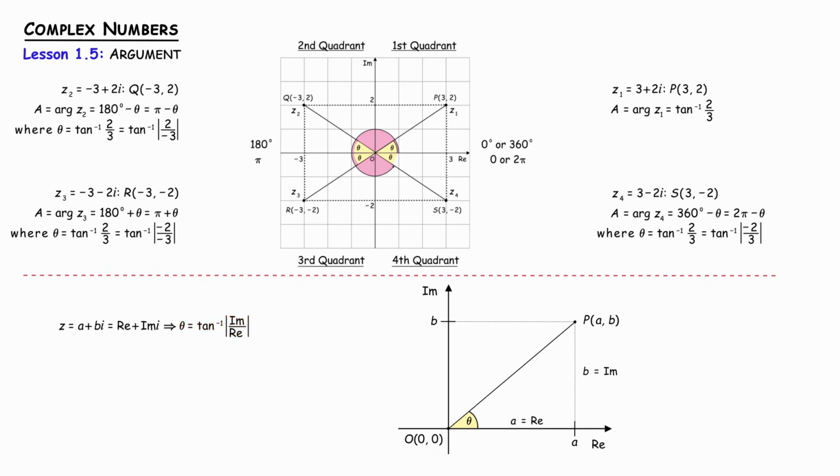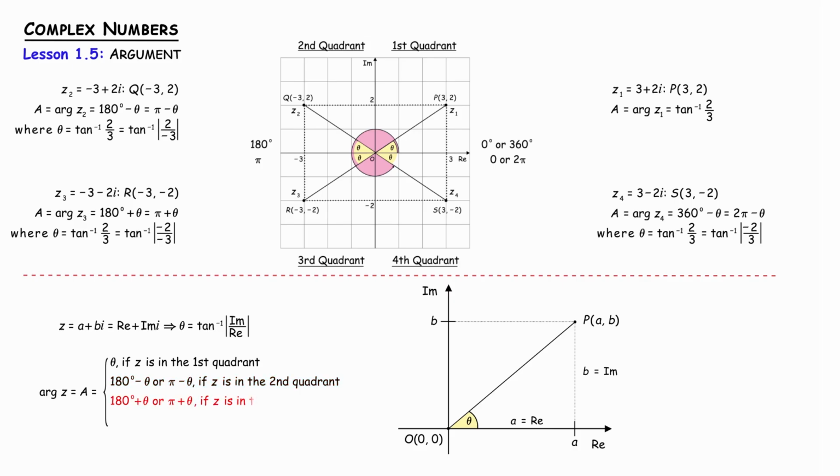Now you are able to work out the argument of any complex number, no matter what quadrant it is in. A is equal to theta if the complex number is in the first quadrant. A is equal to 180 degrees minus theta, or pi minus theta, if the complex number is in the second quadrant.